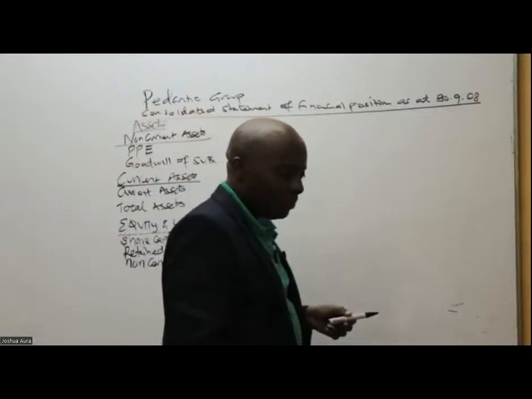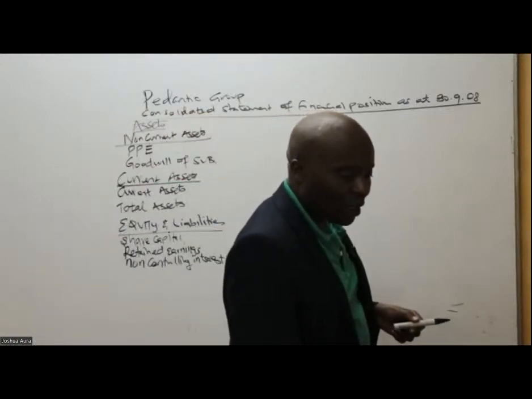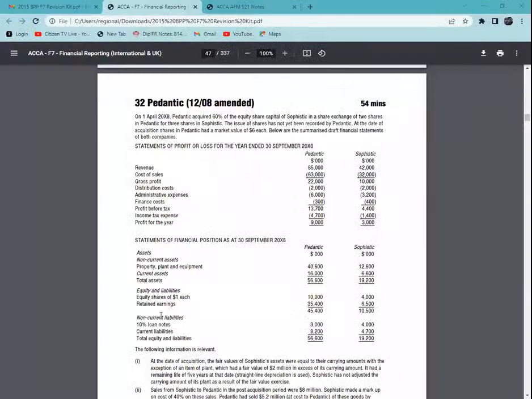So after equity, now you move on to the next thing here. We have retained earnings, already I have that. So now I shall be able to go to the non-current liabilities.